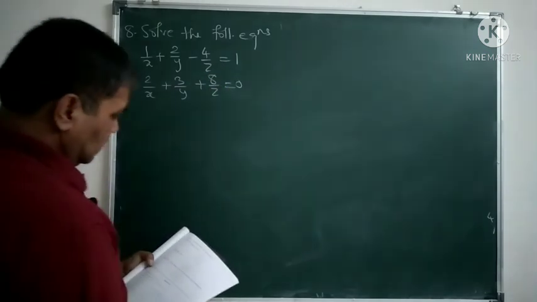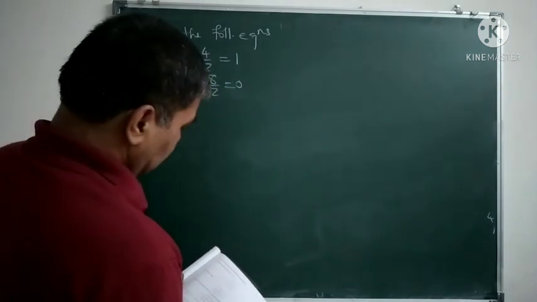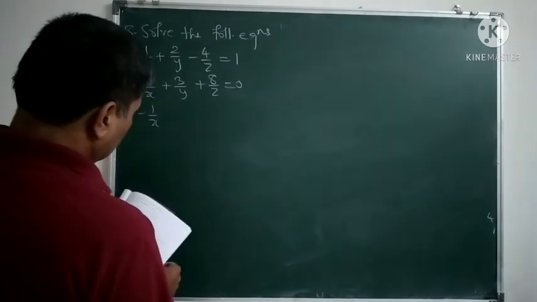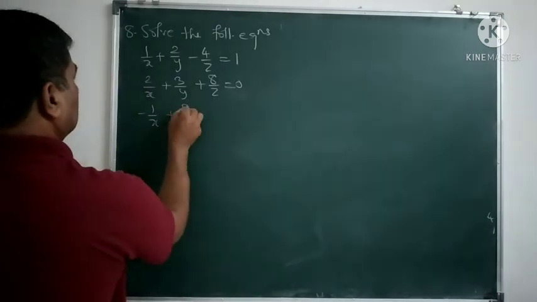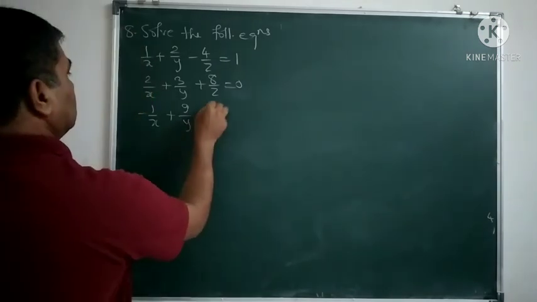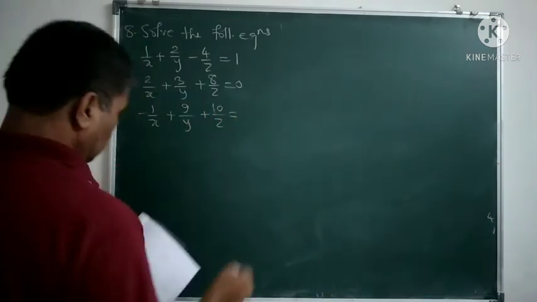Next one is minus 1 by x, then 9 by y and plus 10 by z is equal to 5.